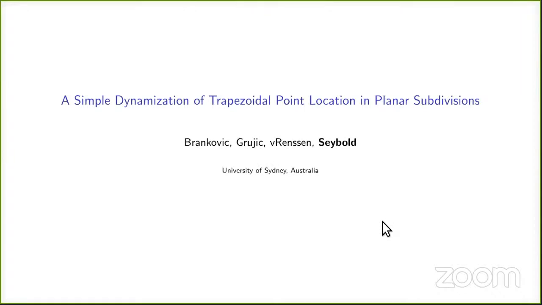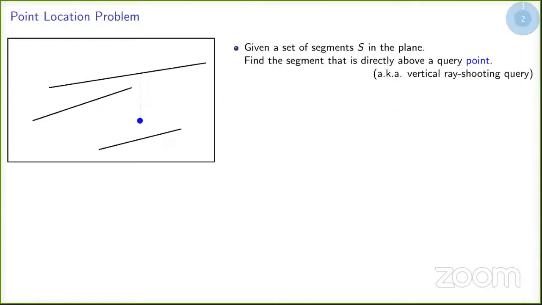And what is point location? With point location, we mean the problem given a set of segments S in the plane, find the segment that is directly above a query point. This is also known as vertical ray-shooting queries.